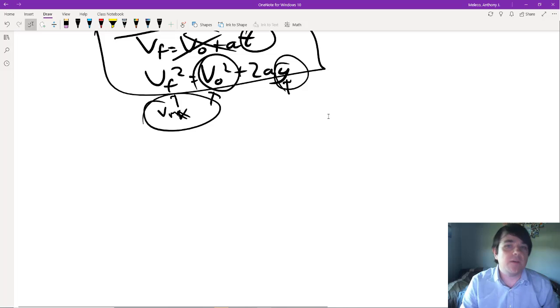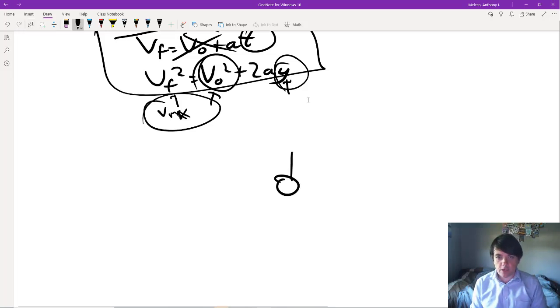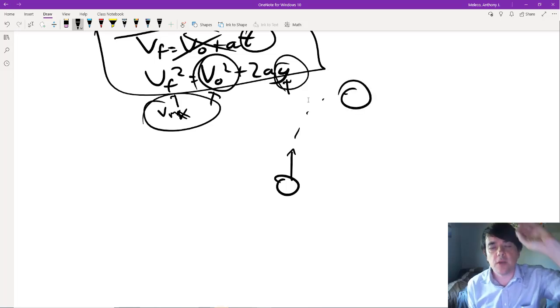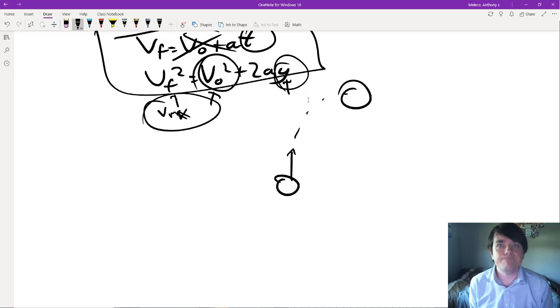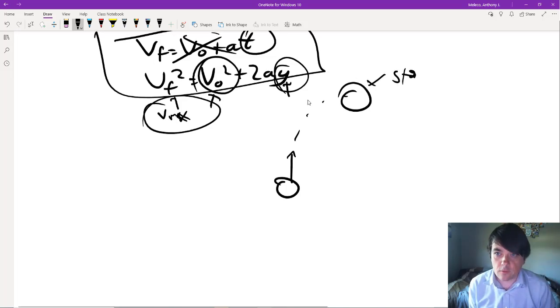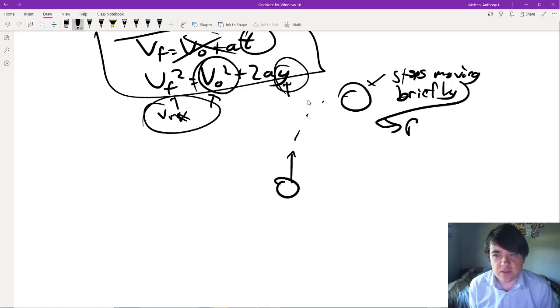So if you think about this, when you throw a ball into the air, you throw it up, and it reaches the peak of motion, what happens in a very brief instant of time? It stops moving briefly. If it's not moving, its position isn't changing.